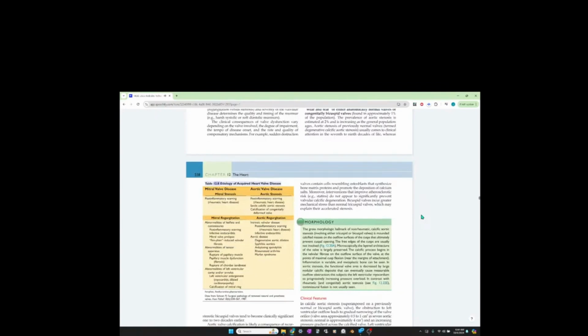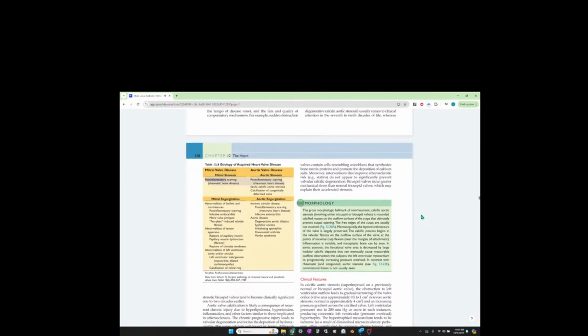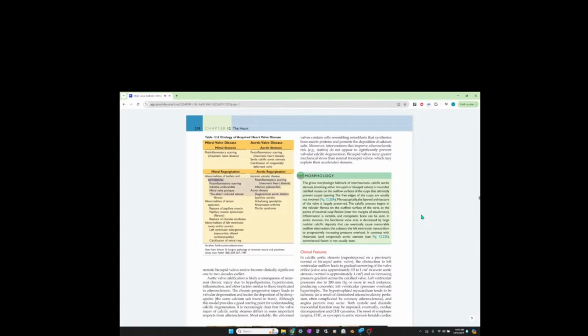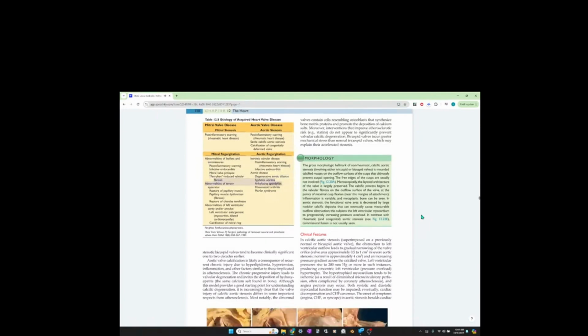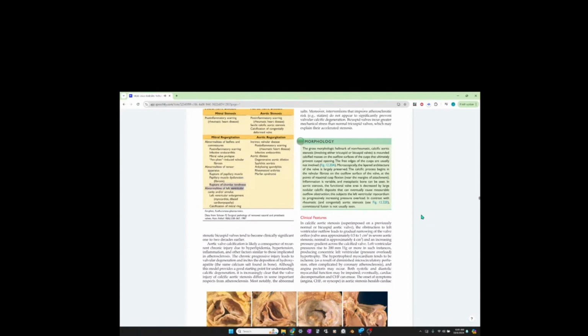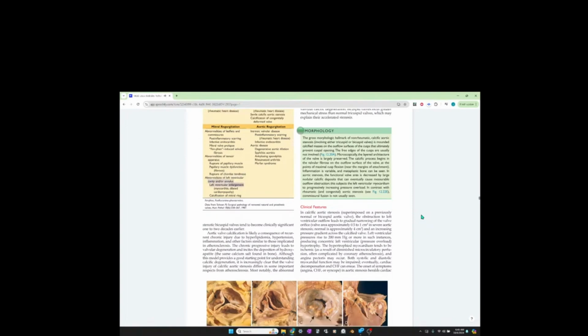Table 12.8: Etiology of acquired heart valve disease. Mitral valve disease: mitral stenosis from post-inflammatory scarring; mitral regurgitation from abnormalities of leaflets and intrinsic valvular disease, including post-inflammatory scarring, infective endocarditis, mitral valve prolapse, and fenfluramine-induced valvular disease; abnormalities of the tensor apparatus, including rupture of papillary muscle, papillary muscle dysfunction, and rupture of chordae tendineae; and abnormalities of the left ventricular cavity and/or annulus, including left ventricular enlargement and calcification of the mitral ring. Aortic valve disease: aortic stenosis from post-inflammatory scarring, senile calcific aortic stenosis, and calcification of a congenitally deformed valve; aortic regurgitation from degenerative aortic dilation, syphilitic aortitis, ankylosing spondylitis, rheumatoid arthritis, and Marfan syndrome.